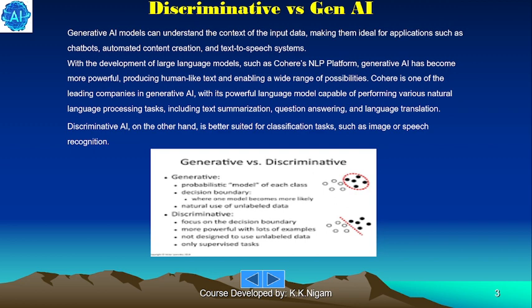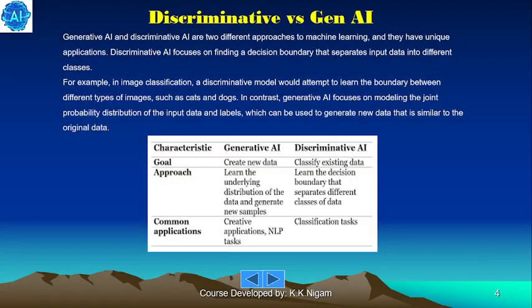Discriminative AI, on the other hand, is better suited for classification tasks such as image or speech recognition. Generative AI and discriminative AI are two different approaches to machine learning, and they have unique applications. Discriminative AI focuses on finding a decision boundary that separates input data into different classes.